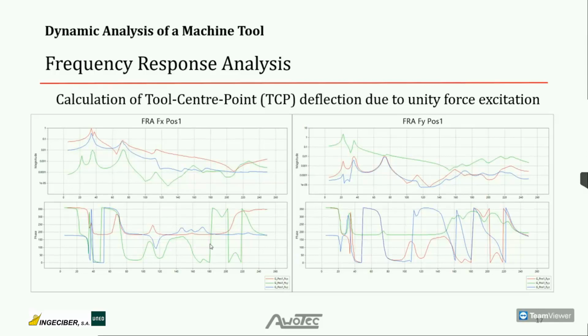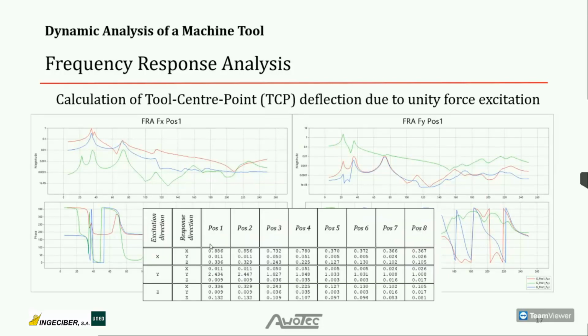As we can see in the graph here, on the right hand side this is the response to the excitation in the y direction, so a transverse excitation, and here the response amplitude is more than twice as high as on the left hand side. You have to take into account that the vertical axis on the top is a logarithmic one.